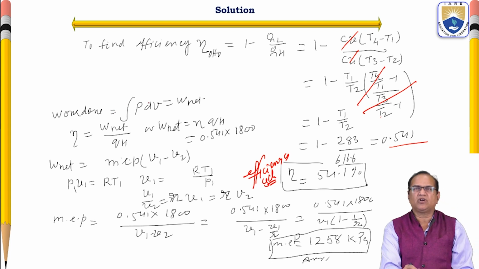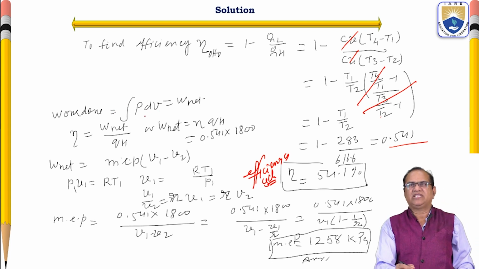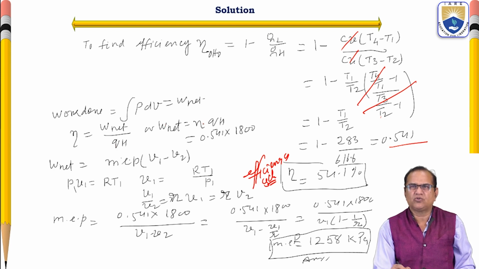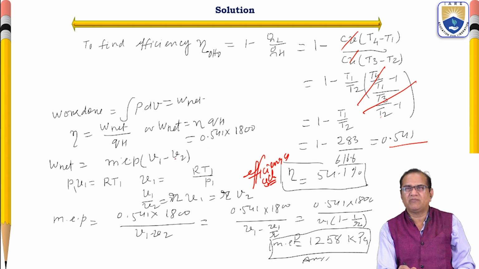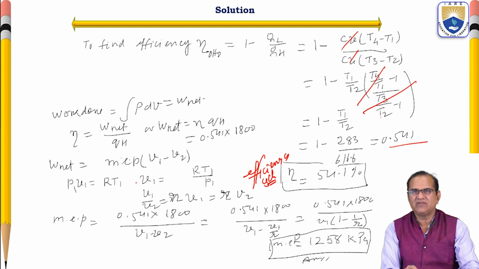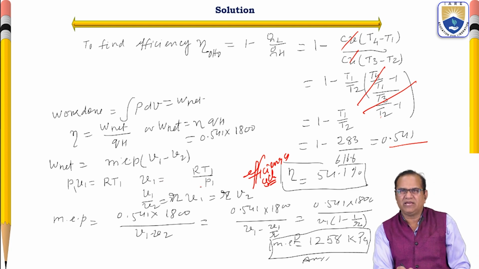So now we have to see the work done. This work done is equal to the integral of P dV, and this is equal to W net. Efficiency is equal to W net by QH. So W net is equal to efficiency into QH. Efficiency is 0.541 and QH is 1800, and this is equal to MEP into (V1 minus V2). But how to find V1? We know the ideal gas equation, P1 V1 is equal to R T1. So V1 is equal to R T1 by P1.